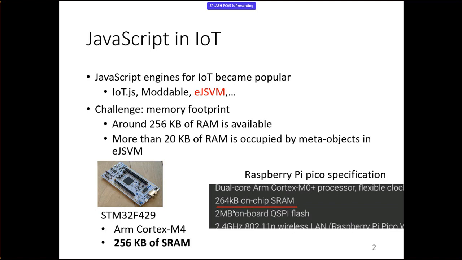For some programs we observed that meta objects use more than 60 kilobytes of RAM, which is more than 20% of the available RAM. The goal of this work is to reduce this area.